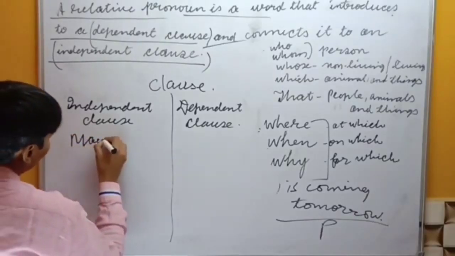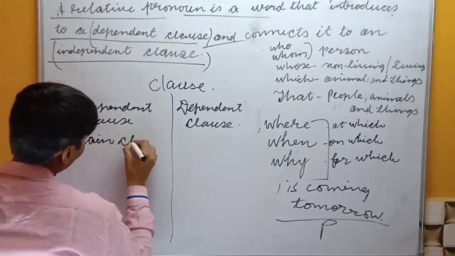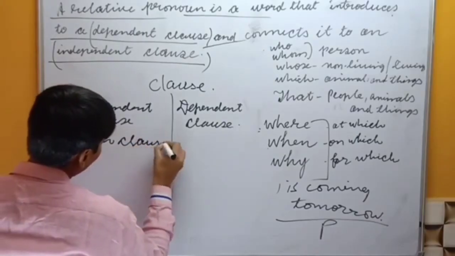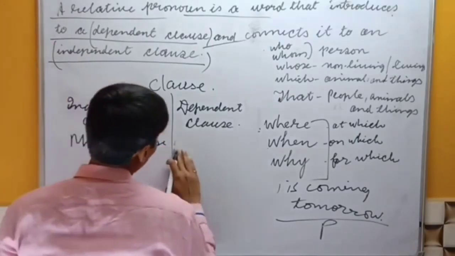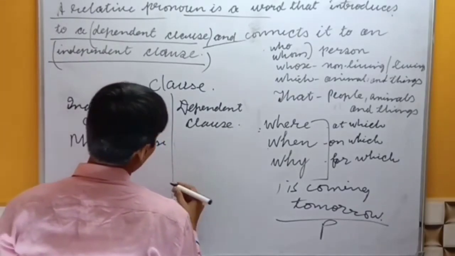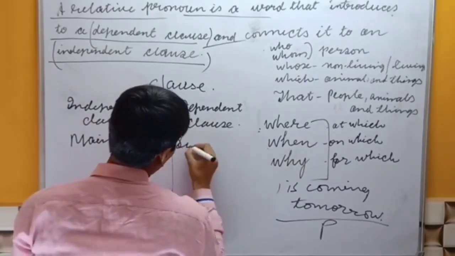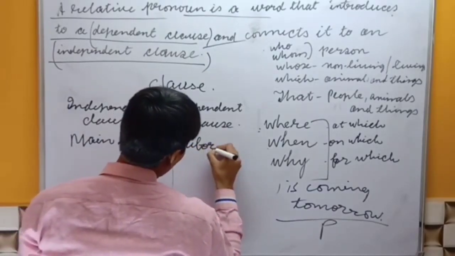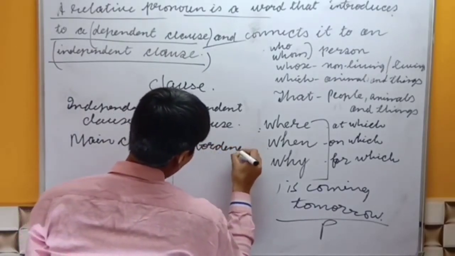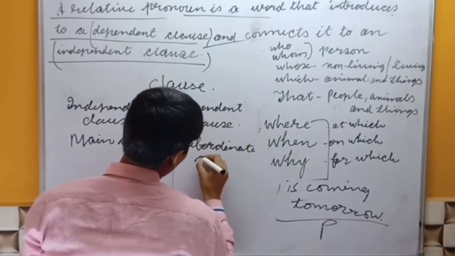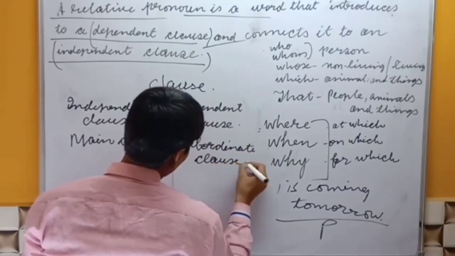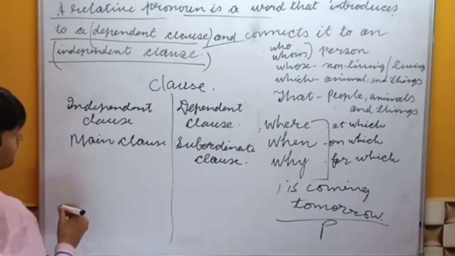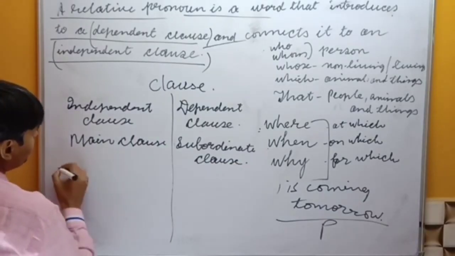It is also known as the main clause. It is also known by another name, the subordinate clause. You can also write another name here. For example, you can write here principal clause.